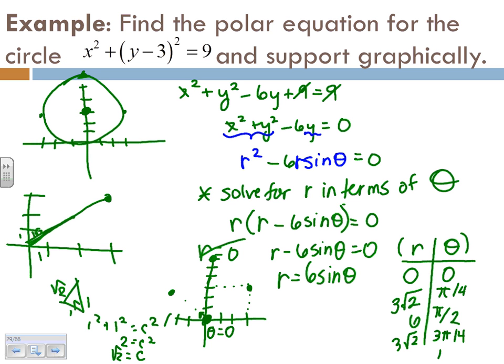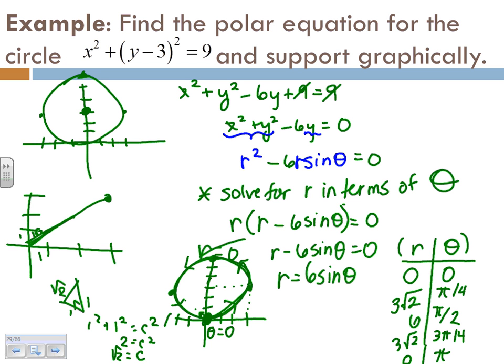And then when I get to pi, what's happened? You're back to where you started. So how long did it take for one cycle? You started right there, and you traveled like this, right? How long did it take? 0 to pi. So 2 pi.